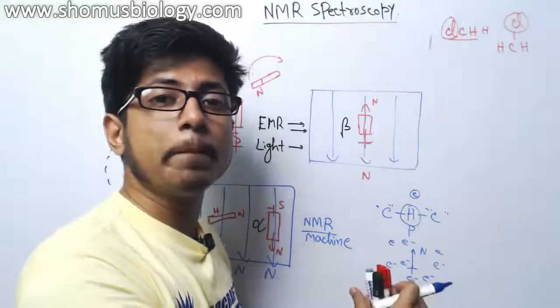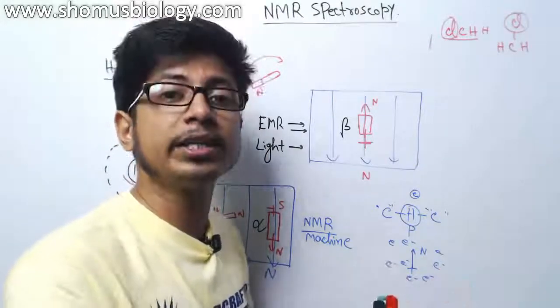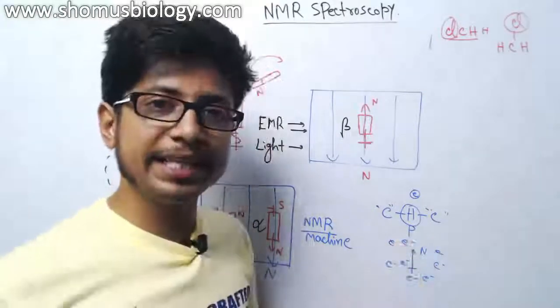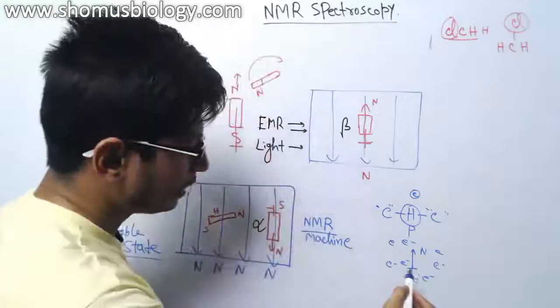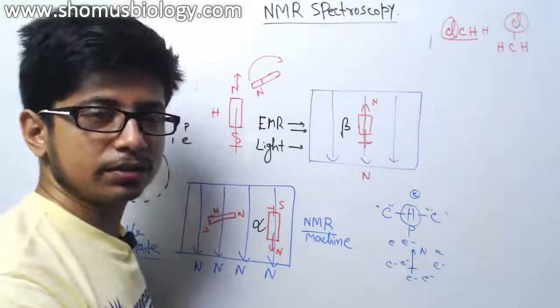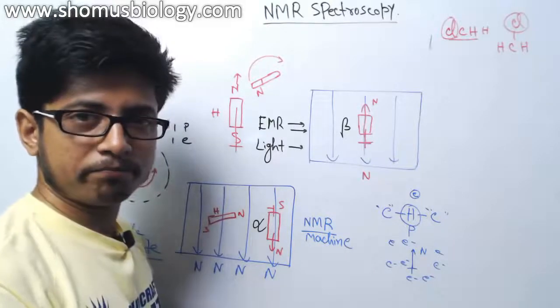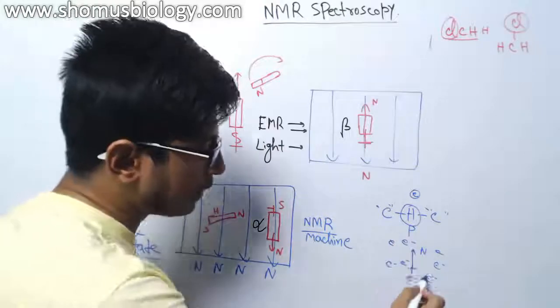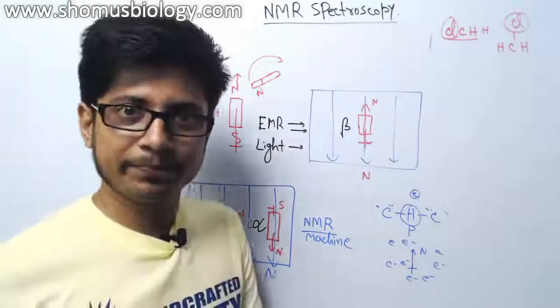We call it magnetic shielding, or diamagnetic shielding. This diamagnetic shielding is actually preventing this magnet feature of the hydrogen. Okay. So for different molecules this magnetic shielding could be different, right?